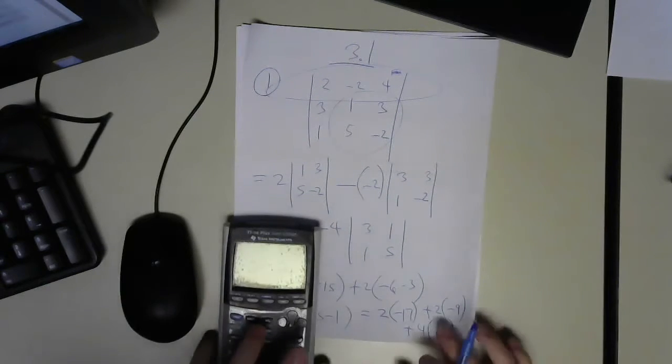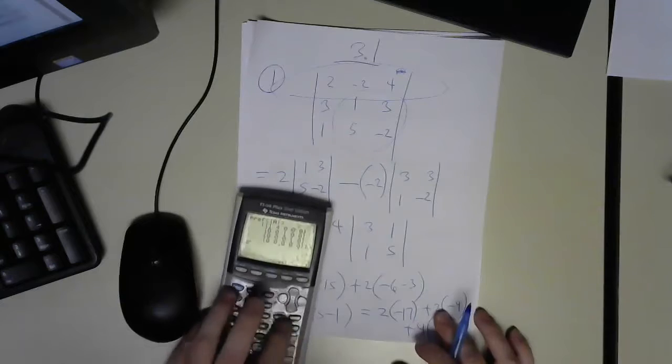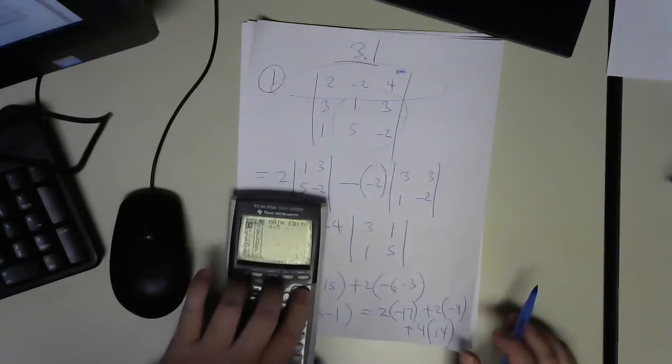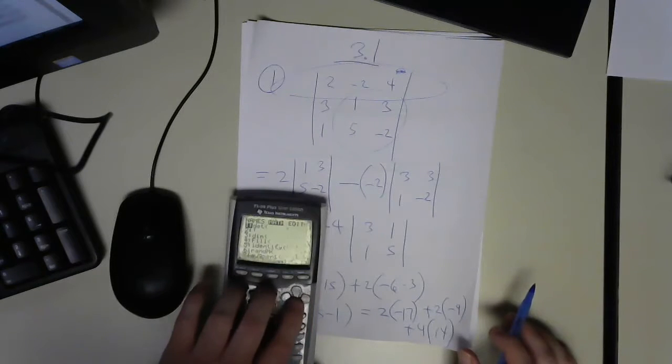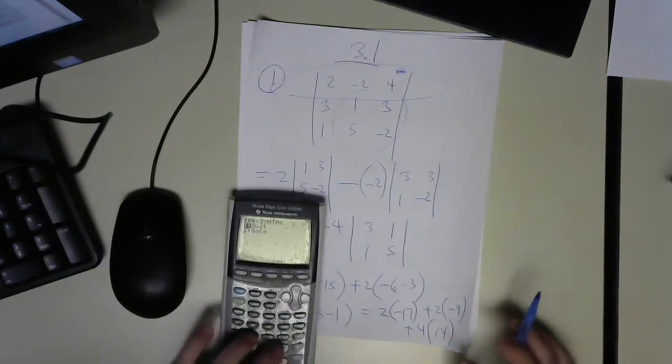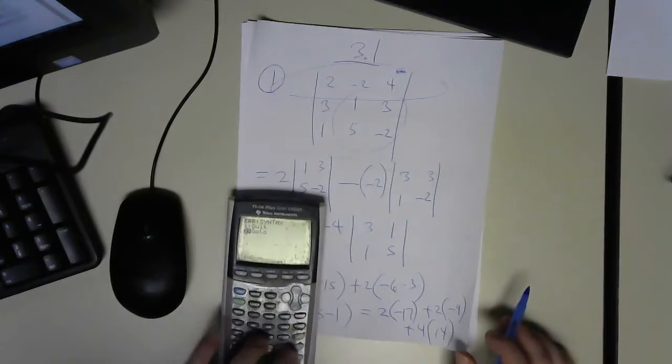You know, a calculator will actually compute the determinant of a matrix, too. If you go to matrix and then math and then determinant, you can enter, see, there's the determinant thing right there. You can enter determinant and then choose a matrix after that.